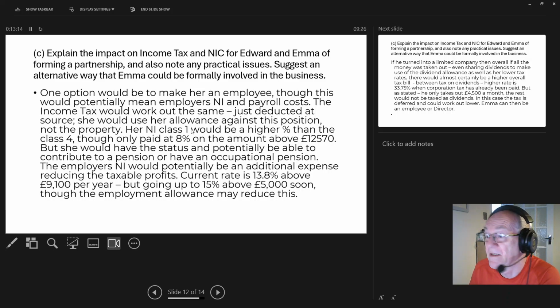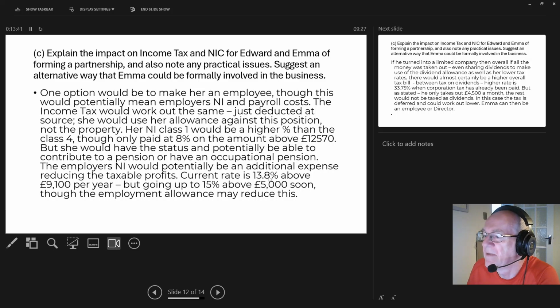National insurance class 1, now 1 not 4, would be a higher percentage than class 4, because it's 8% above 12,570 as an employee, but she's got status, and again, pension could be an occupational pension he works out for her. Employer's national insurance is potentially an additional expense, reducing the taxable profits, so that would save Edward some money back.